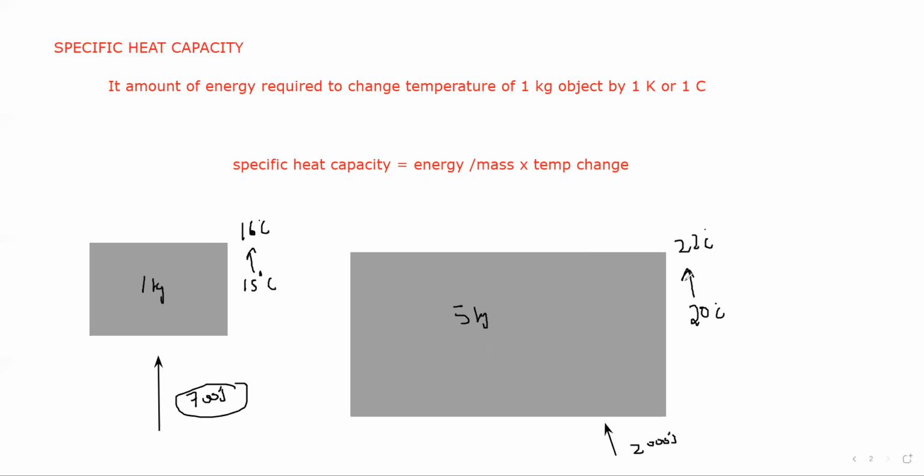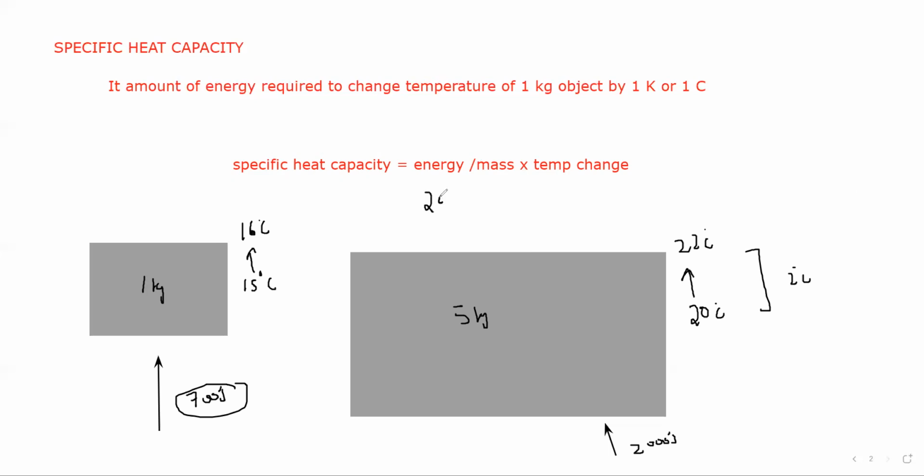If we need the specific heat capacity, here the temperature change is 2 degrees centigrade and the mass is not 1 kilogram. So 2000 is not the specific heat capacity. 2000 is for 5 kilograms and for a 2 degree change in temperature. But we need it for each kilogram and for a 1 degree change in temperature.